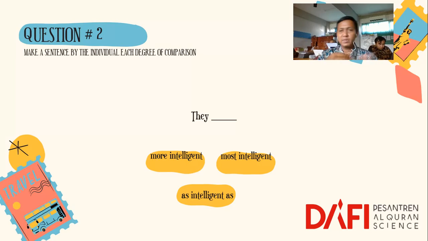This is very different for our understanding here. For the subject, for example, I take they as a subject, so always use is, are, or am. They always are followed with are as the to be.